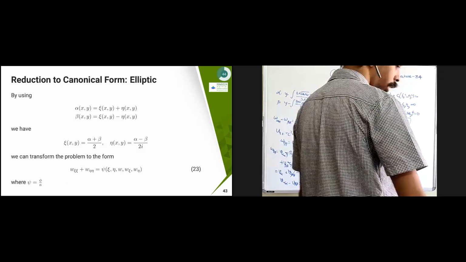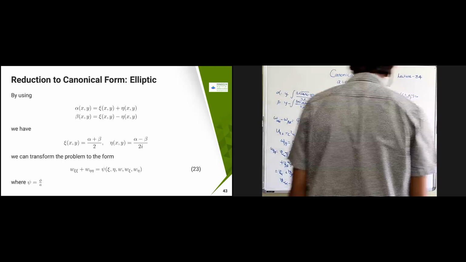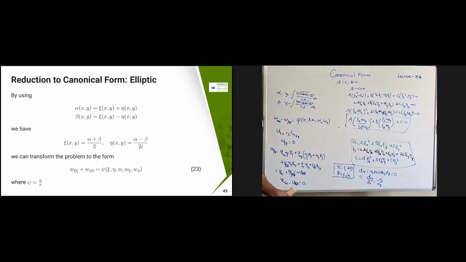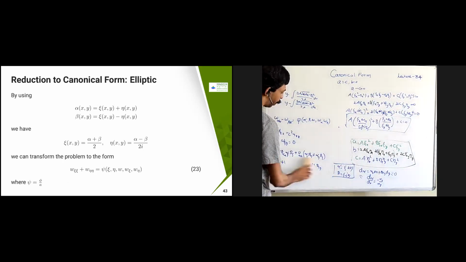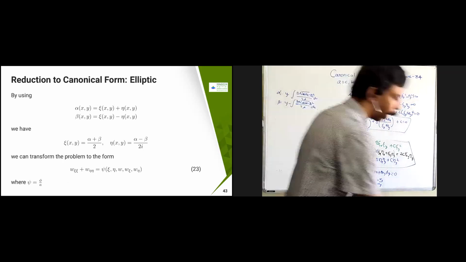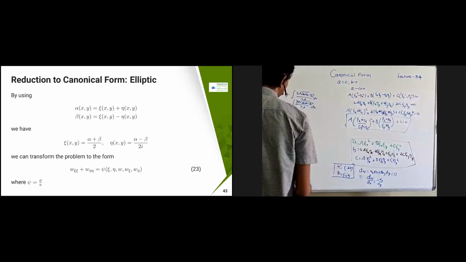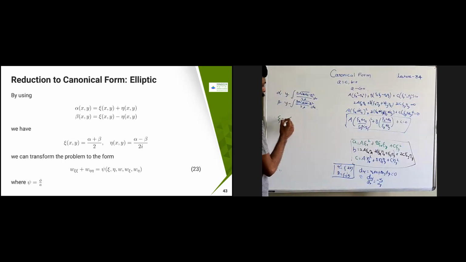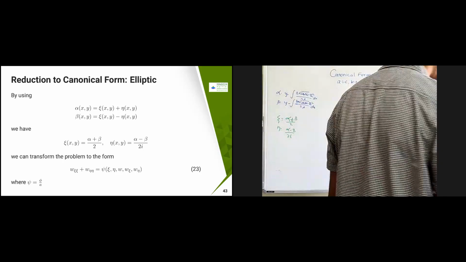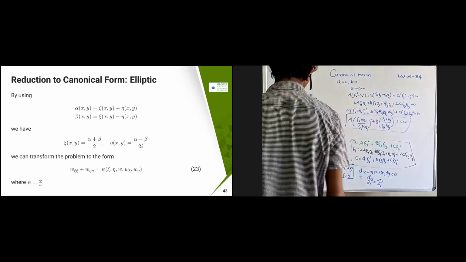Okay. Then you can find that since alpha equal to chi plus i eta and beta equal to chi minus i eta, from these equations I can get chi equal to alpha plus beta by 2 and eta equal to alpha minus beta by 2i. So that is going to be my alpha and beta. So once again you get a similar kind of equation.